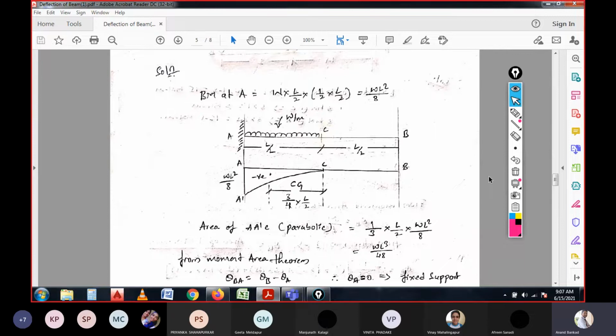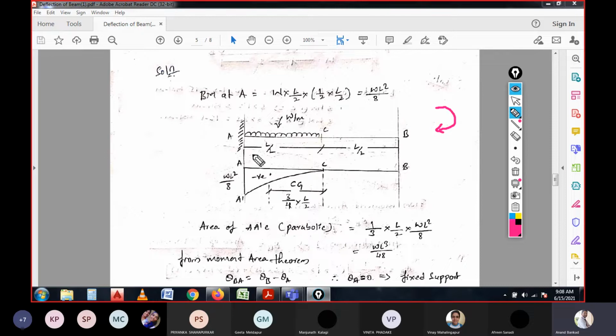We know that the clockwise direction in a cantilever beam is negative, and that is the only thing we should remember here. The clockwise direction in a cantilever beam is negative since the force is acting at this point, as shown here. After this, it is in parabolic form, not a triangle, because since there is a UDL, it should be parabolic.